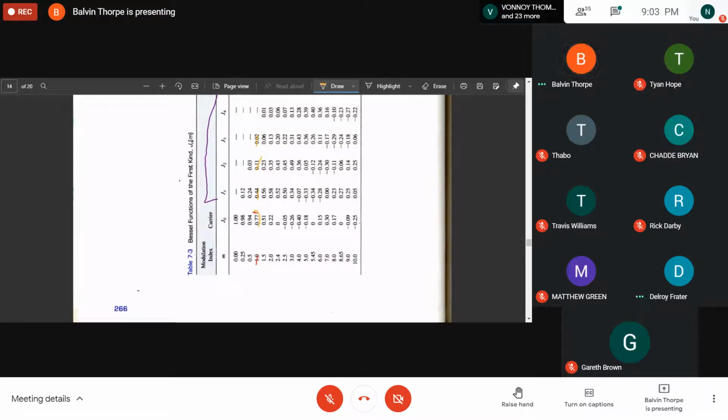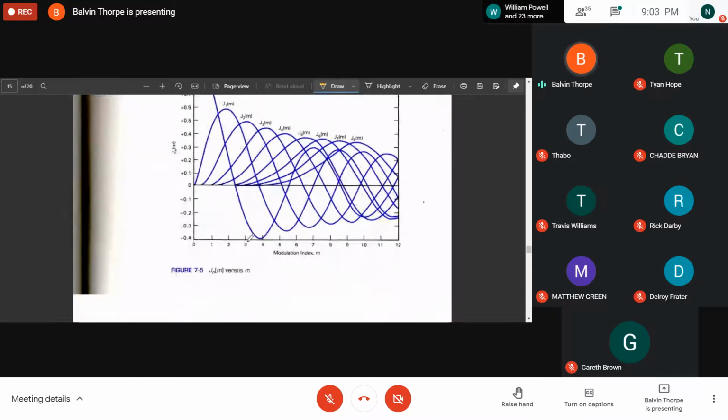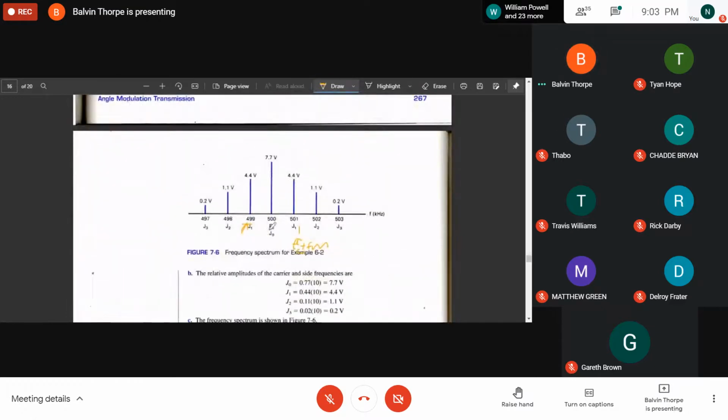Carrier voltage 10 times 0.77 is 7.7. That is why, at 500 kilohertz, the amplitude at J0, which is the carrier FC, is 0.77 times 10, which is why I get this value.